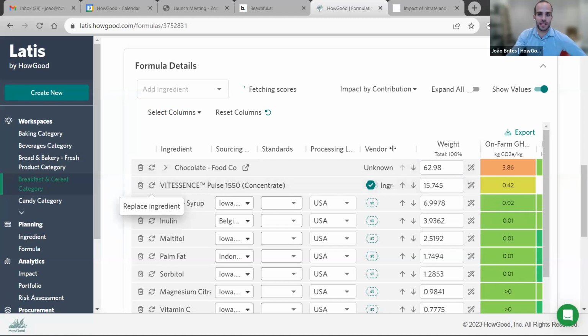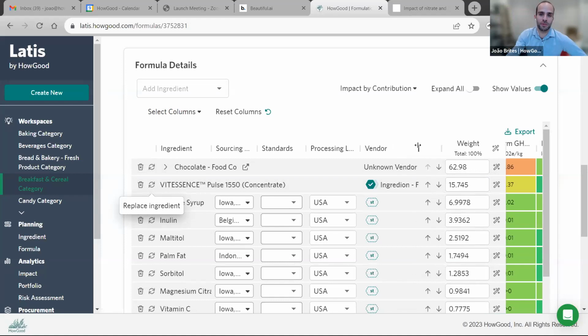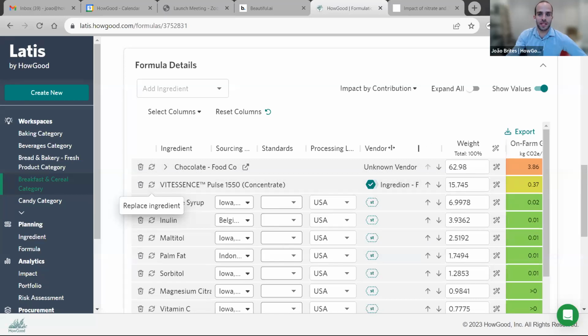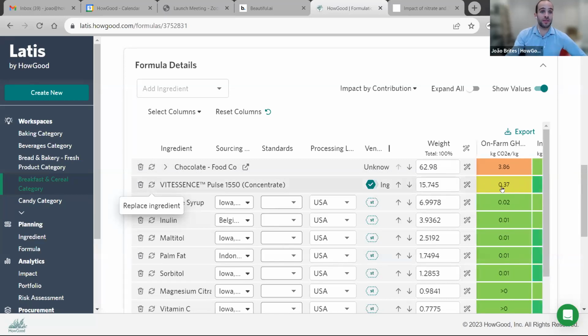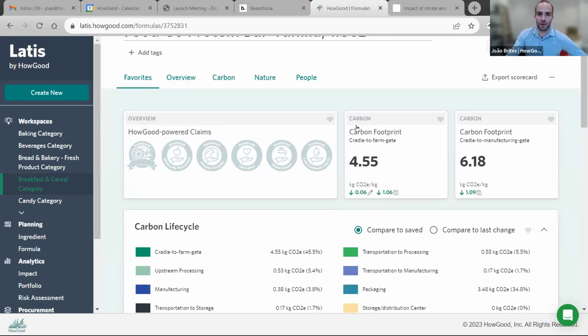So you can see in this case that the HowGood system ingests the primary data from the supplier. It tags it as a vendor verified material. And this means that this emissions factor is supplier specific and is not just a country average. And as you make this change, you can see that the carbon footprint cradle to farm gate reduced from 6.60 to 4.55.